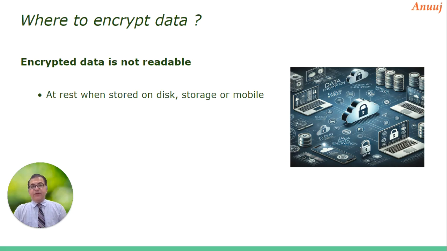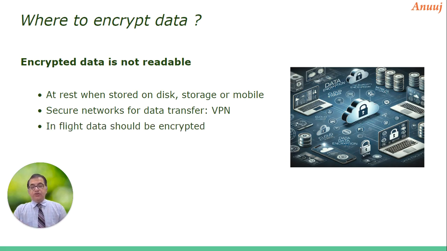Some operating systems also provide an inbuilt encryption algorithm which can help you keep your data encrypted and safe on your disk, right? You should use very secure networks using VPNs so that the data that is traveling across your network is also secure. You should encrypt the data in flight, which is while it is traveling, and you're using secure protocols, you're using VPN connections, then the data would be encrypted and be kept safe.